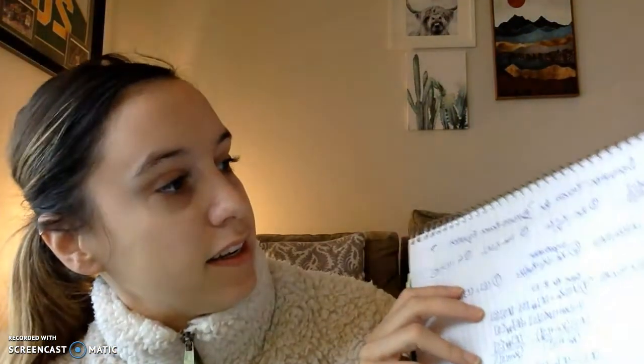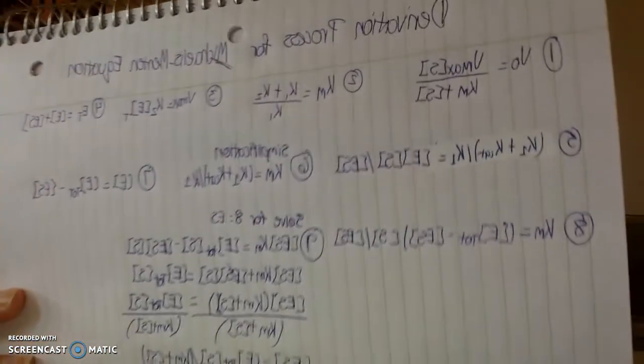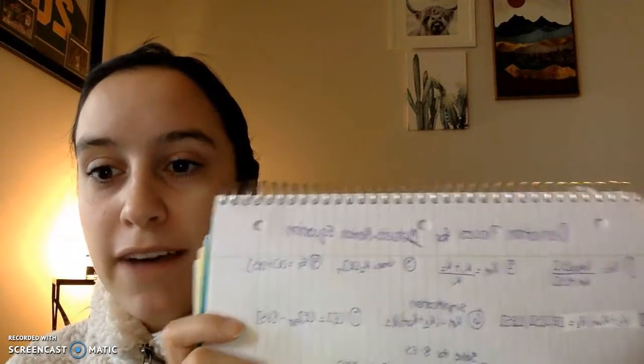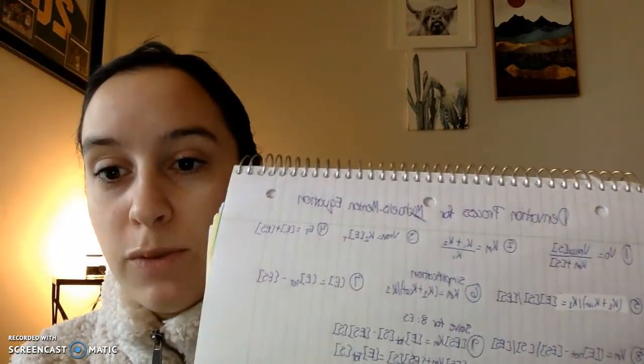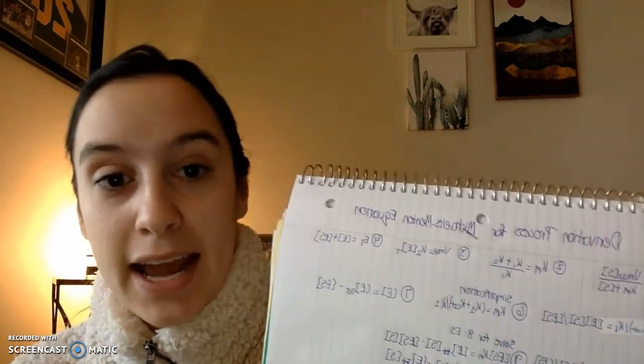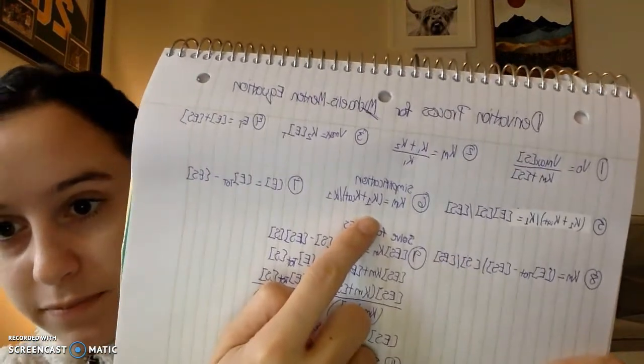And then here is step 5 right here. I don't know if you can see that very well. Kind of hard to see with the pen and paper. And then going on to step 6, you want to simplify 5, which is the first group of kinetic constants, by defining them as Km. So we can simplify step 5 into Km right over here.